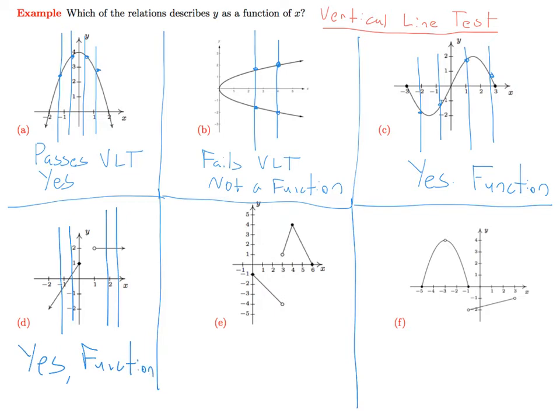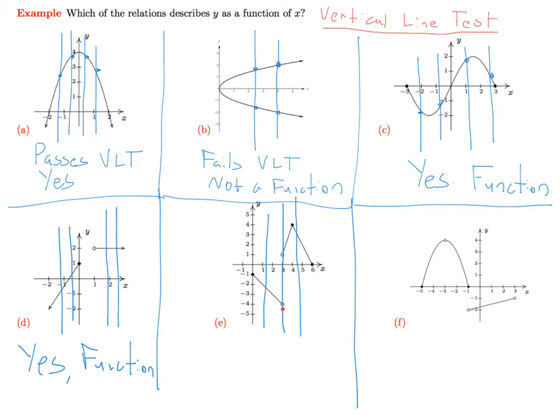In E, we need to be careful, and in particular, what's happening at 3. Notice over here, when x is 3, the point (3, 1) is not included in this relation because there's an open dot.